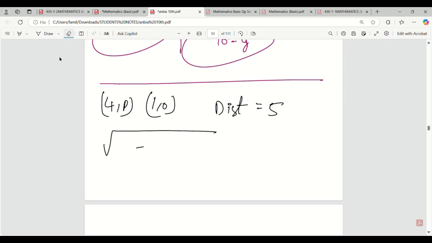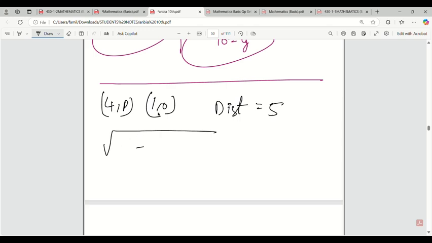Apply the distance formula. x2 minus x1. Okay, I'll just go with the normal formula. But remember one thing, x2 minus x1 whole square or x1 minus x2 whole square, both of them are same. But it's only in this one, don't go for the other thing.